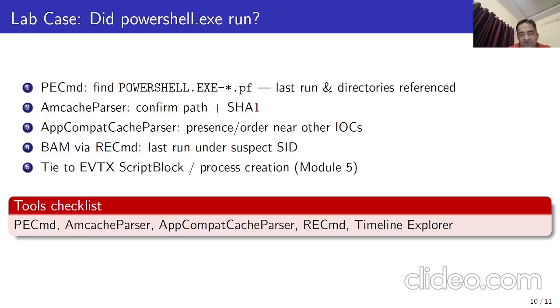AppCompatCache also gives the order of indicators of compromise, and BAM via RECmd gives information about the last run under the suspect SID. Likewise, there are many other tools which we need to practice, considering the scenarios. Today we just saw the initial scanning using PECmd, but in later scenarios we will use all of these tools to develop a case study and compare the outputs.